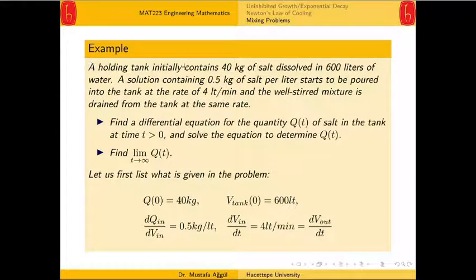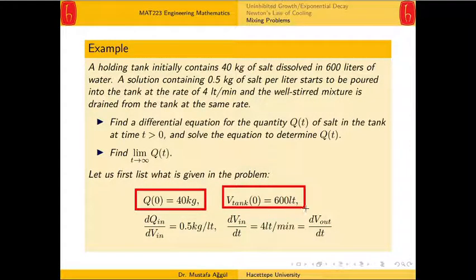The tank contains 40 kilograms of salt initially, so Q is the amount of salt, and Q0 is equal to 40 kilograms. The volume of the tank is 600 liters. The solution contains 0.5 kilogram of salt per liter, so the unit is kilogram divided by liter, and this is 0.5.